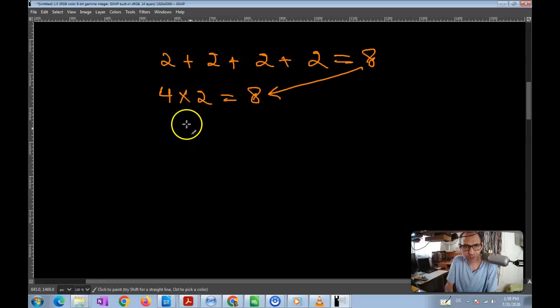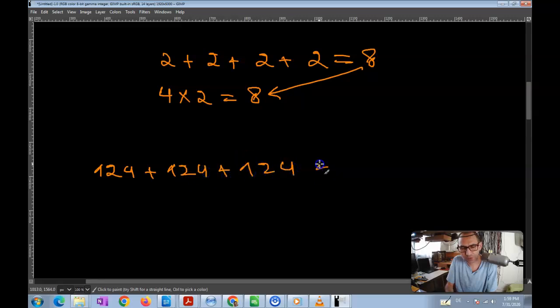And then when it comes to a calculation like, for example, 124 plus 124 plus 124 plus 124, 4 times, it is equal to some number. And then instead of writing this expression, I can write 4 times 124, which is the same number.